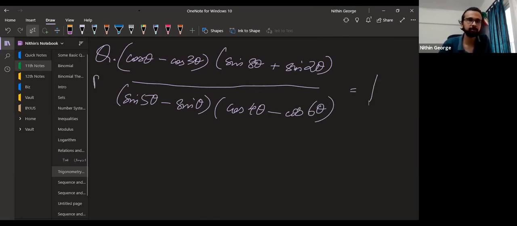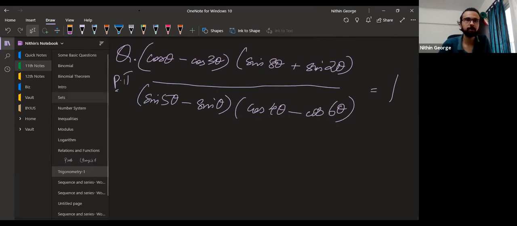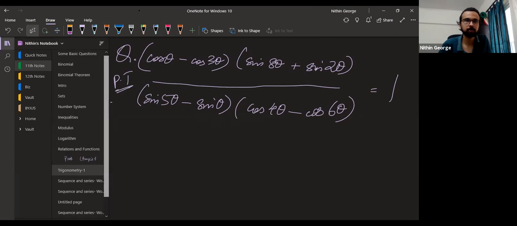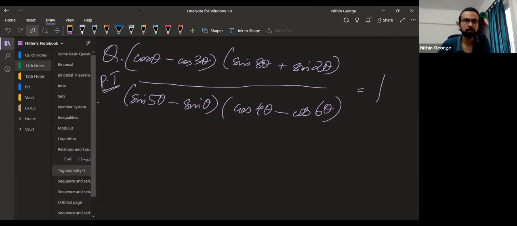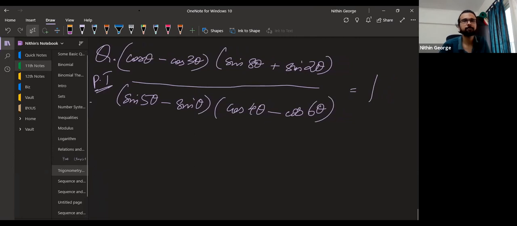Okay, so you have to prove that it is equal to 1. How do you go about this?